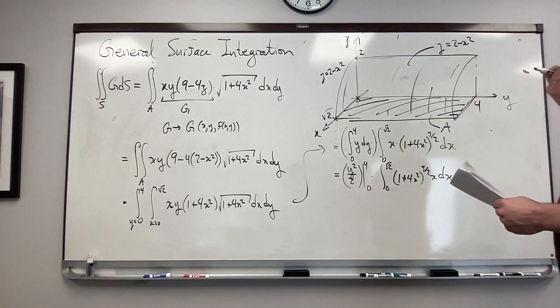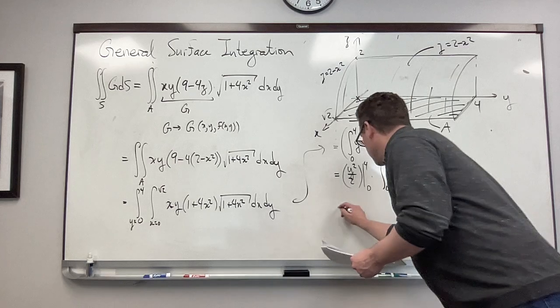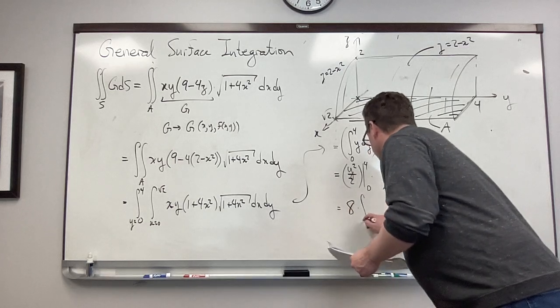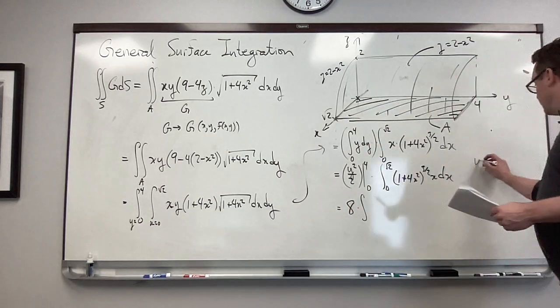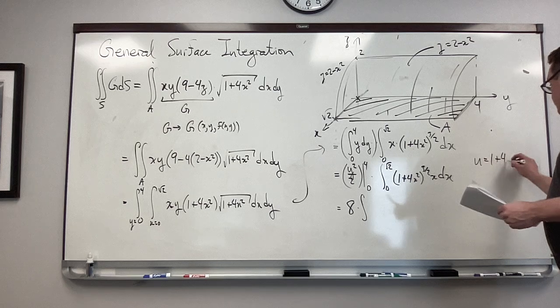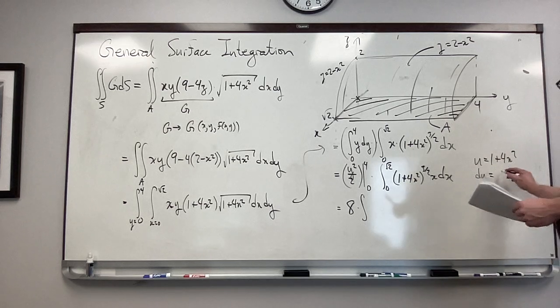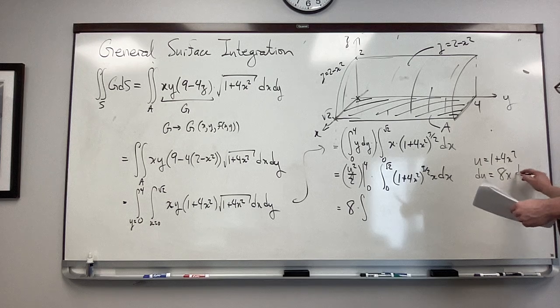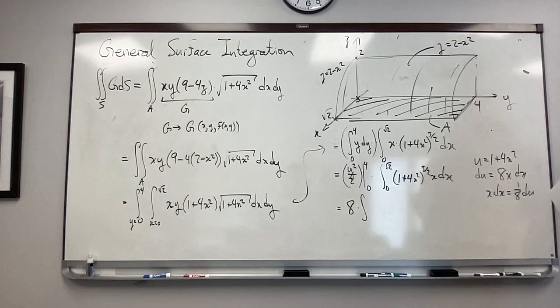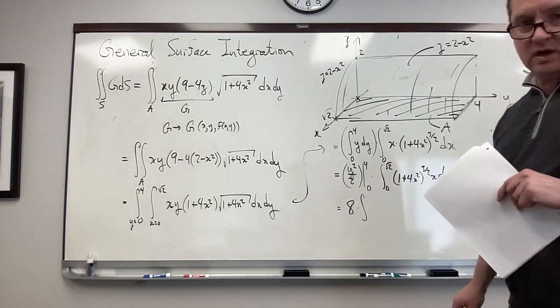So that thing becomes 16 over 2, that is 8. Okay. And then we're going to make our substitution. u equals 1 plus 4x squared. So du equals 8x dx. So x dx equals 1 over 8 du. Do you have to be really slow like this every time? Well, I do, so you probably do too.